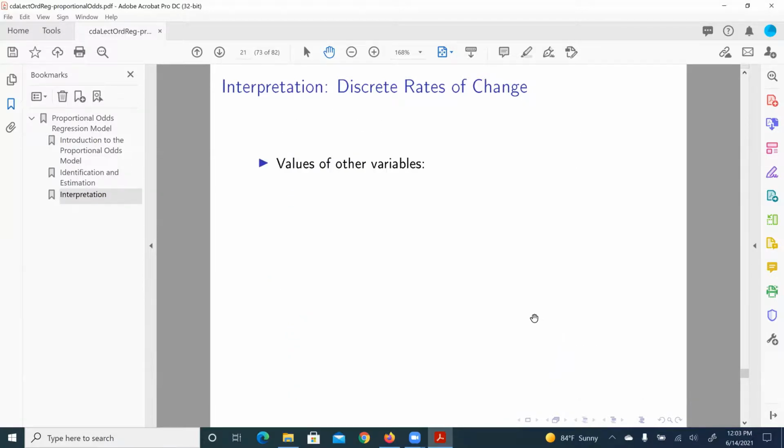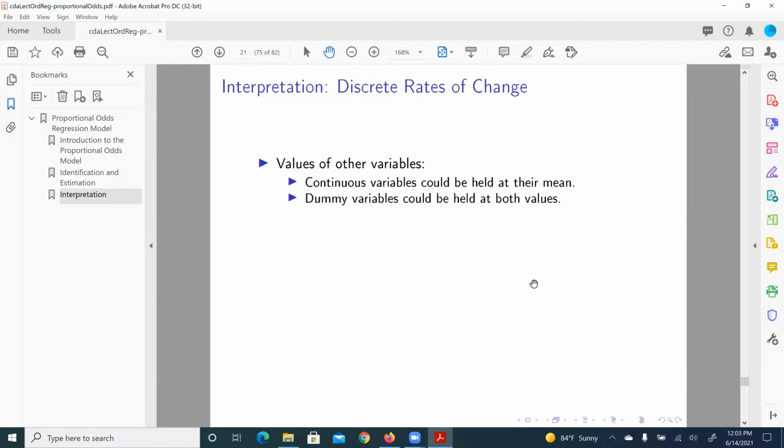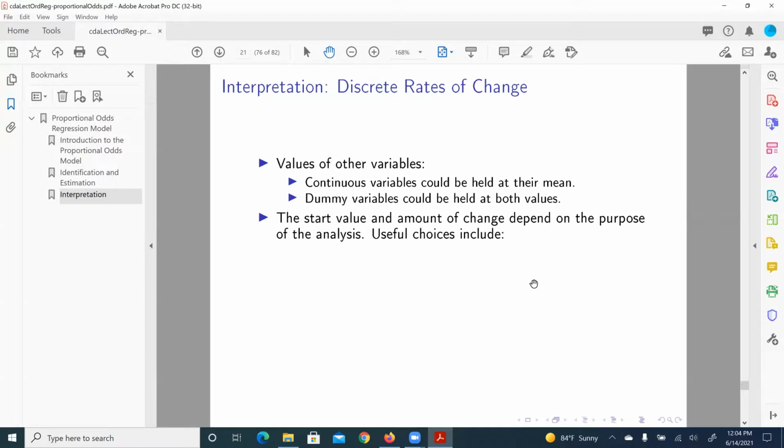And the values of other variables can be held at different locations. Some typical options: continuous variables could be held at their mean. Dummy variables could be held at both values, or either 0 or 1, depending upon our research interest. The start value and amount of change depend on the purpose of the analysis. Useful choices include, for example, letting xk change from its minimum to its maximum. Let binary variables change from 0 to 1.